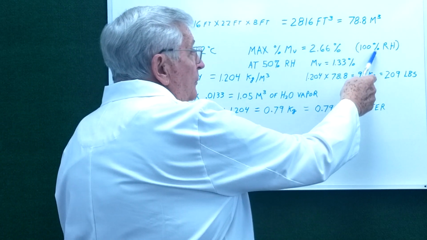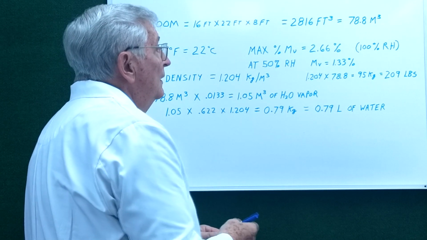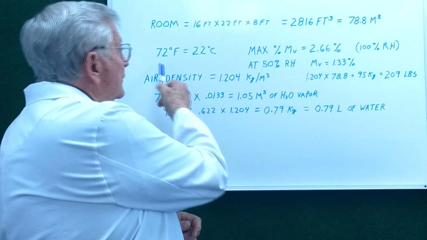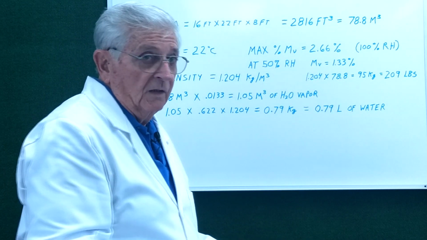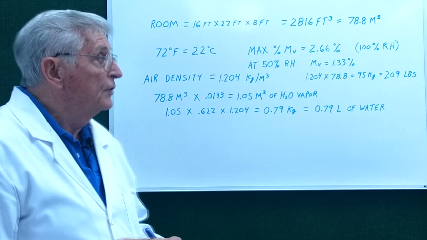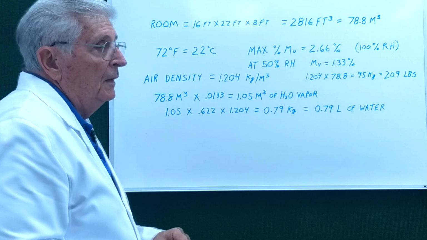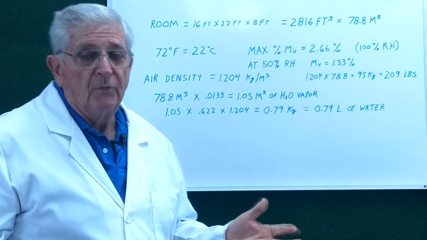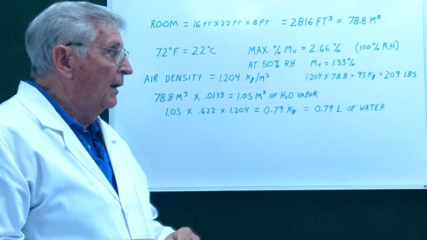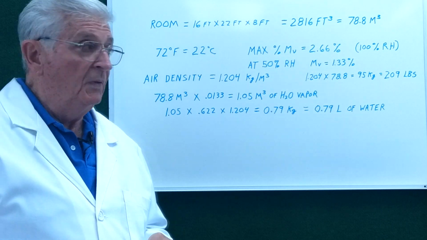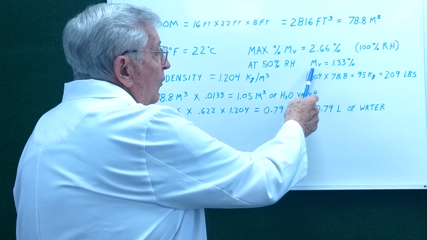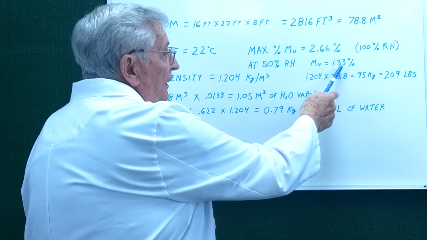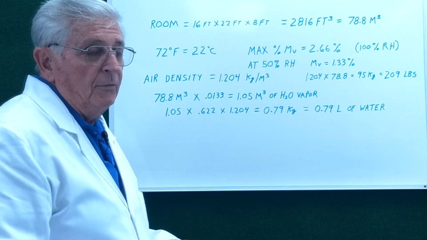So at 100% relative humidity, at this temperature, we can have 2.66% moisture by volume. Now, actually, we keep the room here at about a 50% relative humidity, and so our moisture by volume is really 1.33%.